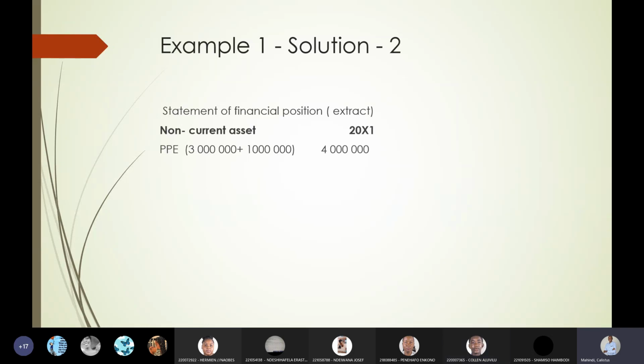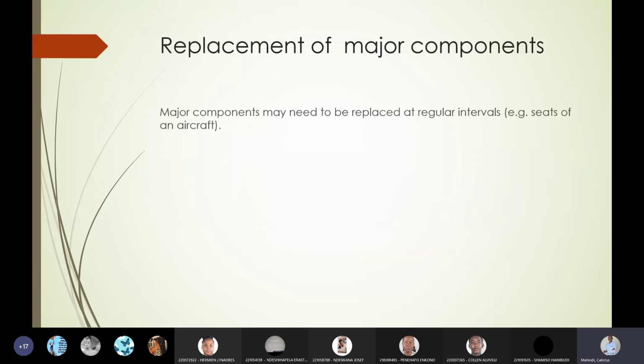Then you add the carrying amounts of all those assets and show that as one line item in the statement of financial position under property, plant and equipment as a non-current asset. Is that clear? Yes, sir. Great.